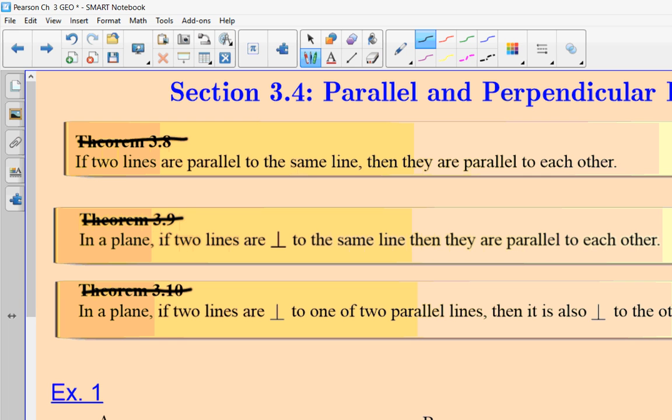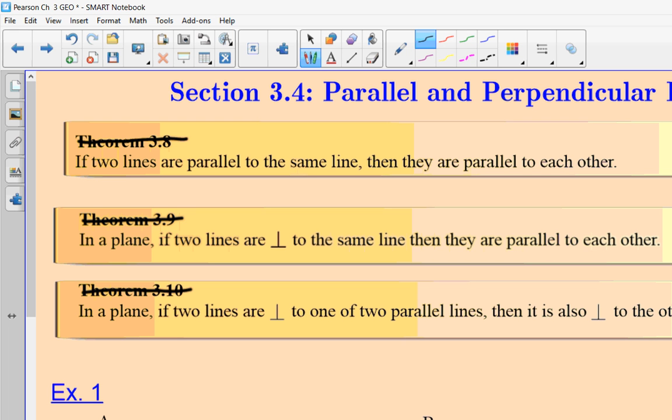First one says if two lines are parallel to the same line, then they're parallel to each other. Okay, so let's go ahead and draw lines A and B. I think that tells me I have to have a third line.